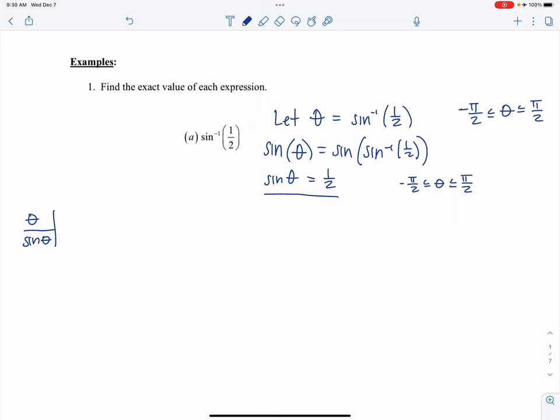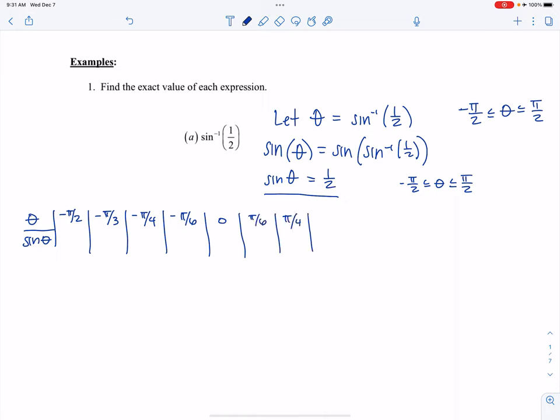So let's start with negative pi over 2, then negative pi over 3, negative pi over 4, negative pi over 6, 0, pi over 6, pi over 4, pi over 3, pi over 2.